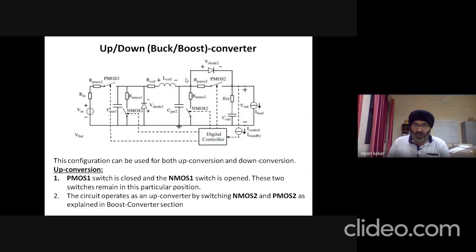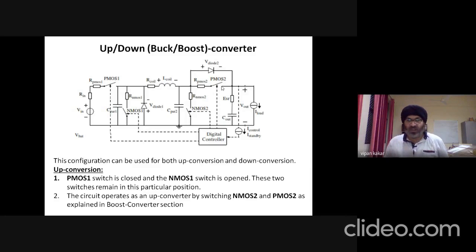So now the circuit input is connected directly to the inductor through PMOS 1 because NMOS 1 is switched off. So now this is a boost conversion or up conversion portion, and it will work as a boost converter.